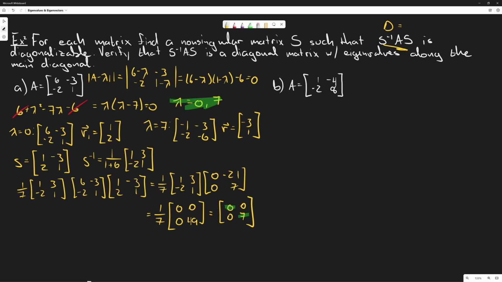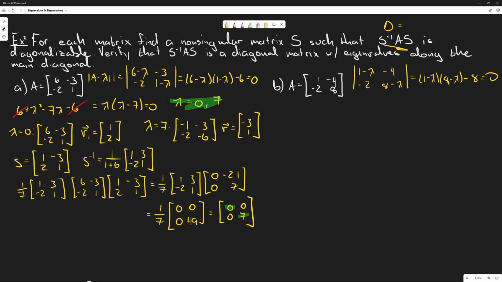So now let's do the other one. Again, same thing. Find the characteristic equation, or find the roots of the characteristic equation, and then find the eigenvectors. So that should be 1 minus lambda times 8 minus lambda, then minus -4 times -2, which will be 8, minus 8, and that will be equal to 0.